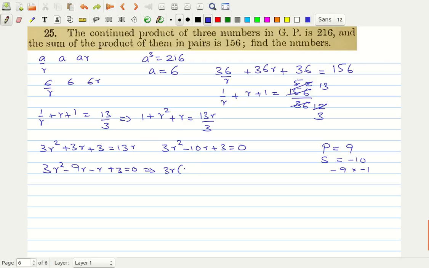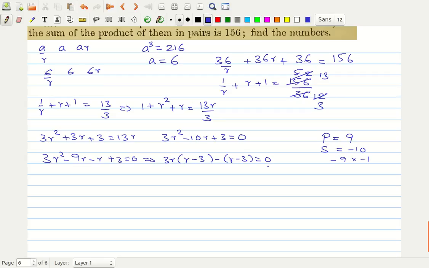Over here you get R minus 3 minus R minus 3 is equal to 0, and finally we have 3R minus 1 times R minus 3 is equal to 0.